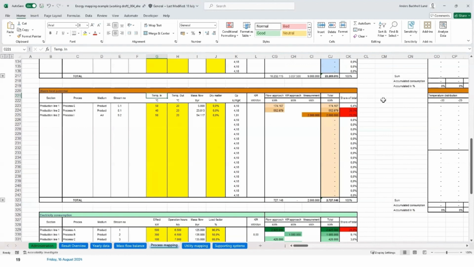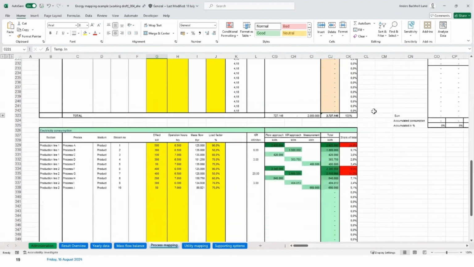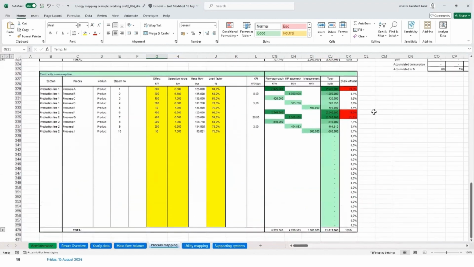And then if we go down to the electricity one, here we have a slightly different approach, because the electricity consumption is a bit harder to make as a function of the mass flow. In some cases, it can be done. We can make a functional correlation, so we can actually say how the electricity consumption for a certain process relates to the mass flow.